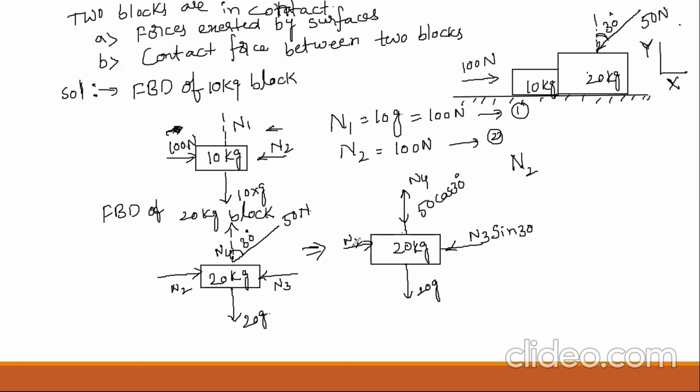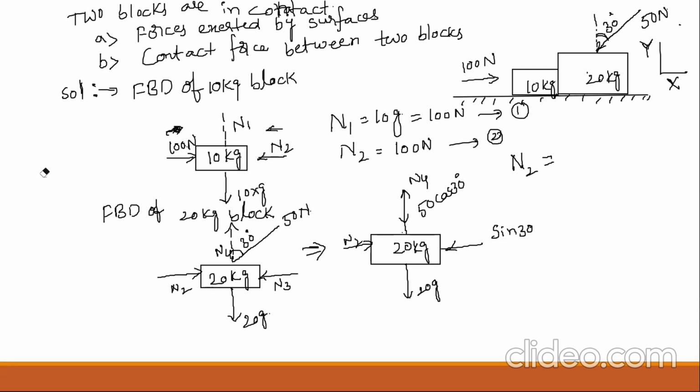So N2, because the force is like this, it is moving. N2 is equal to, or N2 minus, so that I am keeping directly, because the opposite forces will be equal, right? So here, this is N3 sine 30. N3 means here, can I take directly 50 Newton, so that we can write it easily. Just I'm erasing N3.